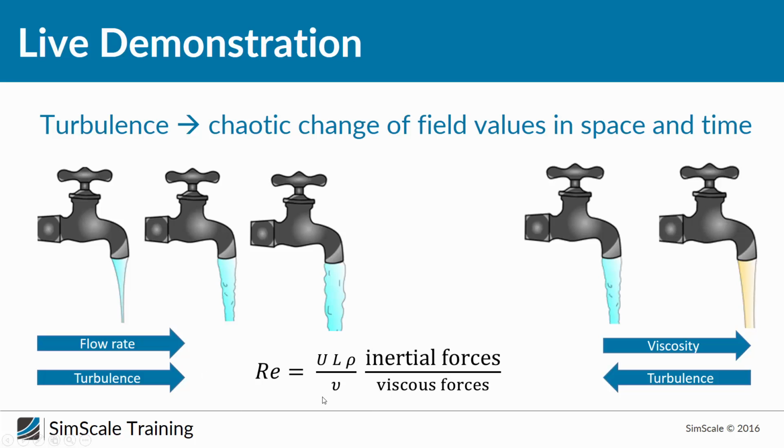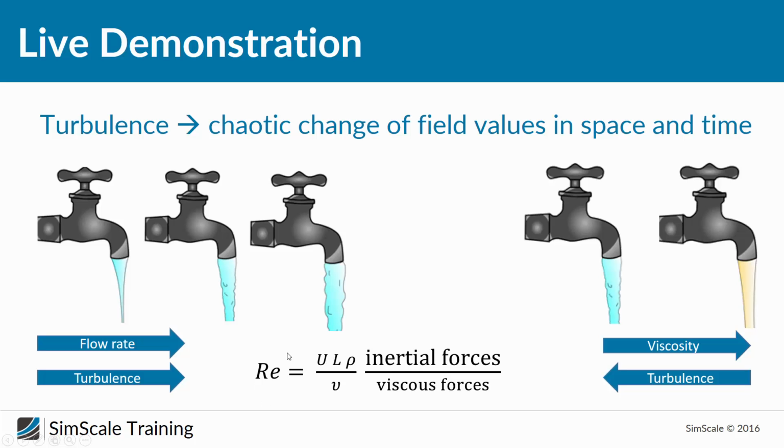If you take a look at this formula, U is the flow velocity, which depends on the flow rate. We have L, a characteristic length, and in this case, for a pipe, you would take the diameter. You also have density here, and this is divided by the viscosity.